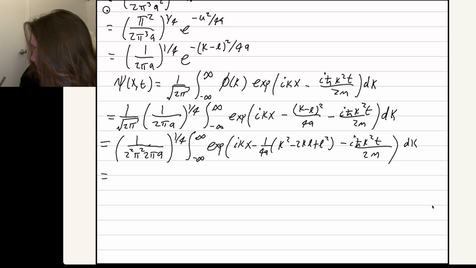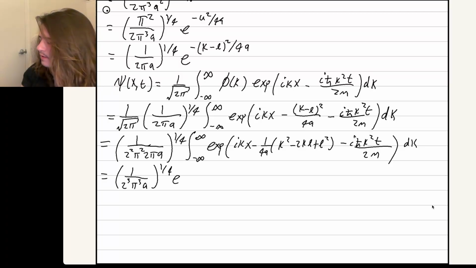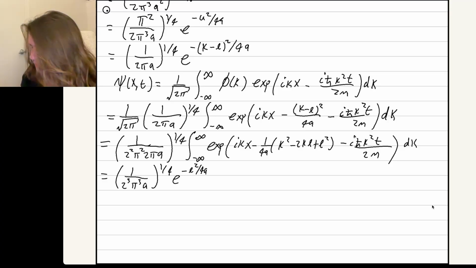So now here we have 2 to the third, pi to the third a, all to the 1/4. We can actually move the e to the minus l squared over 4a out of the integral because k isn't attached to it, so it's not going to contribute.